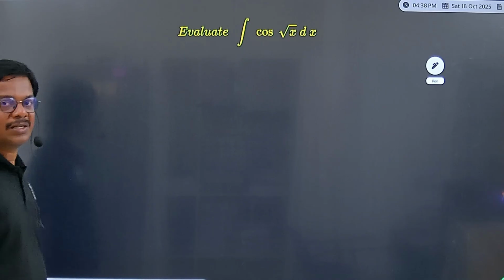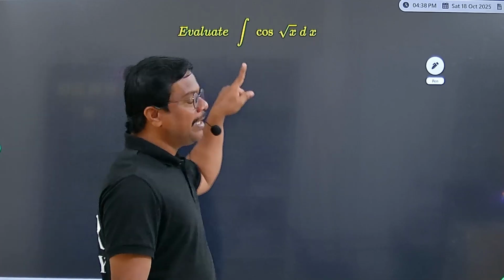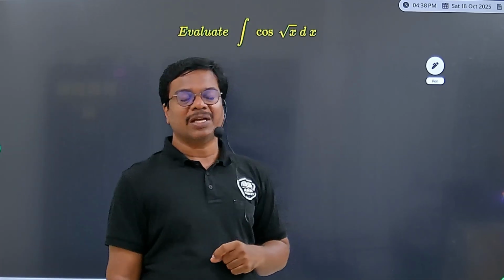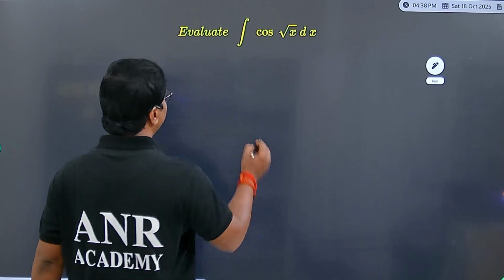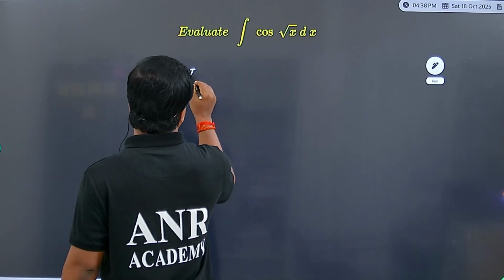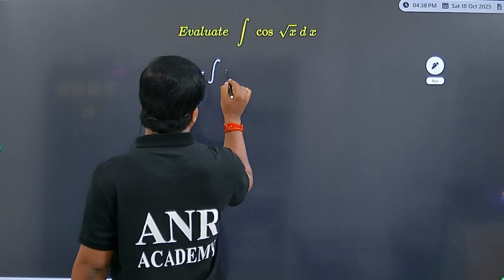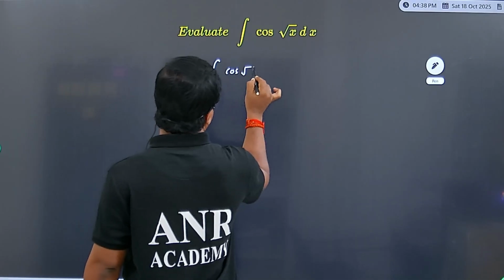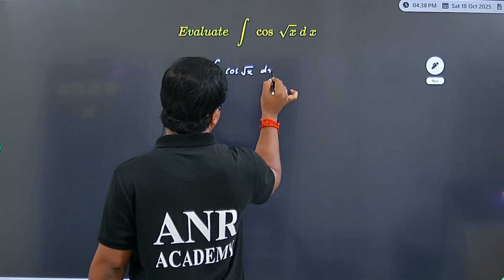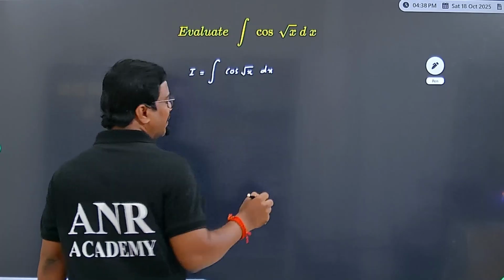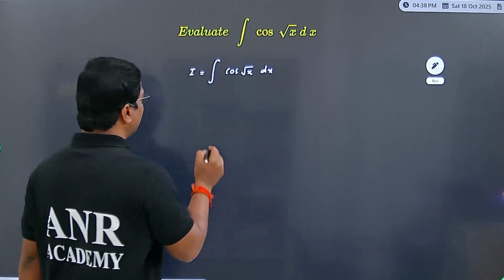Move to the next one. Evaluate integral cos of root x dx. I is given as integral cos of root x dx. I am going to solve this by the substitution method.